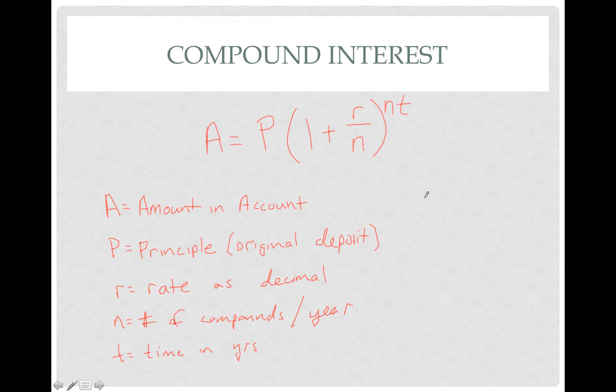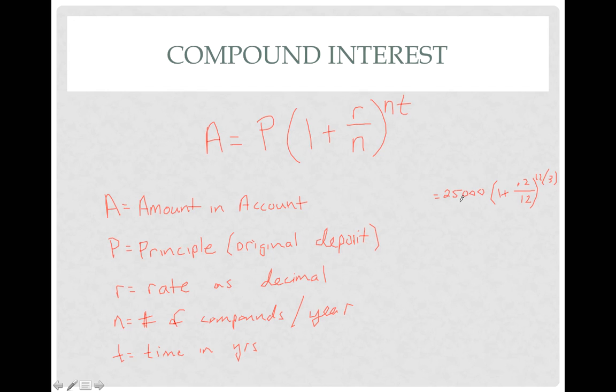So make sure you have all of this. If I said you deposited $25,000 at an interest rate of 20%, 0.2, compounded monthly for 3 years, I could figure out how much would be in my account by doing this simple math on my calculator.